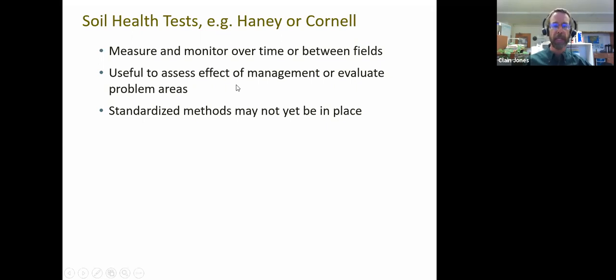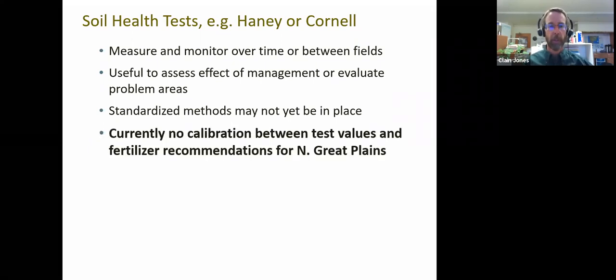Standardized methods may not yet be in place for them, meaning they're trying to serve most of the country, and we're still figuring out what different parameters within them mean. So unfortunately, currently there's no calibration between test values and fertilizer recommendations for the northern Great Plains. For an organic producer, that's probably less of a big deal.